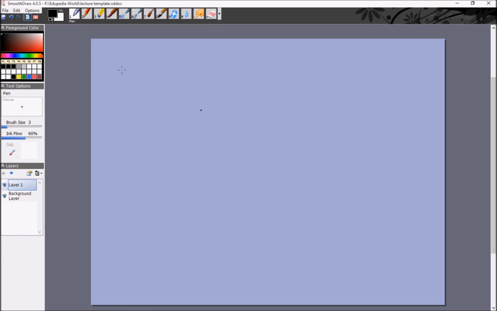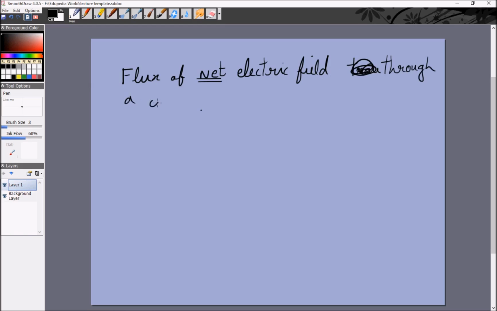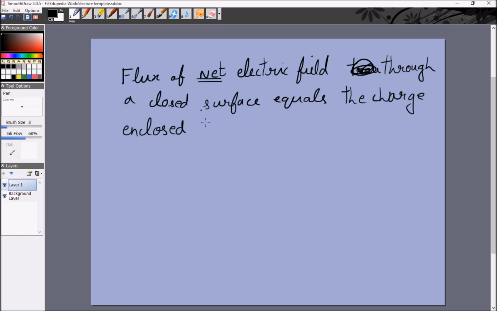So Gauss law states that the total flux of the net electric field, net electric field is a keyword here, I'll focus on this again soon. Flux of the net electric field through a closed surface equals the charge enclosed by the surface divided by epsilon naught.